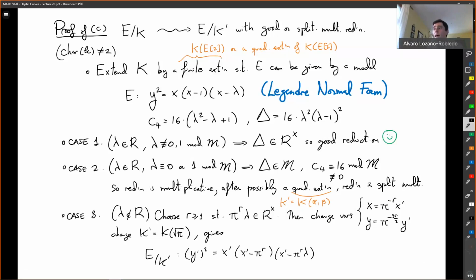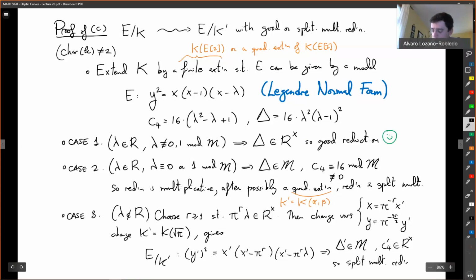Now you can check that the new delta is in the maximal ideal, but c4 is a unit. So it has a split multiplicative reduction. You can achieve a split multiplicative reduction once you add the slopes.